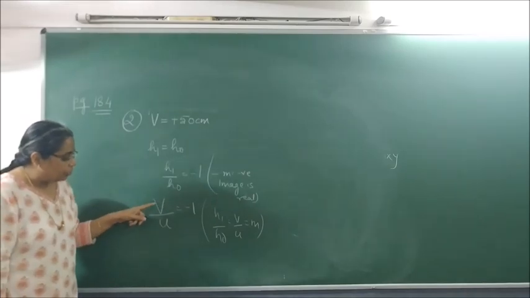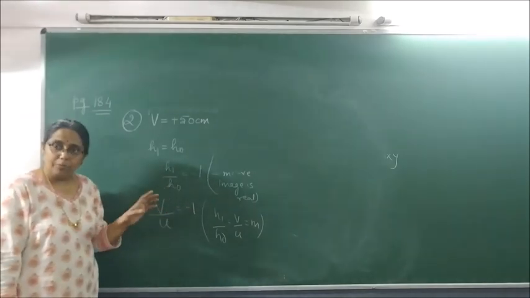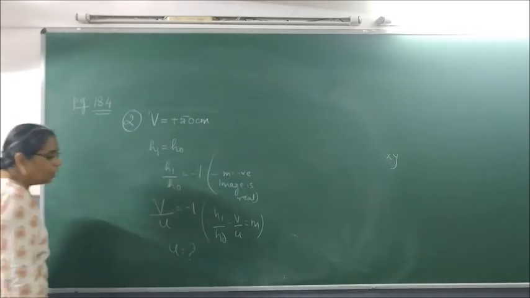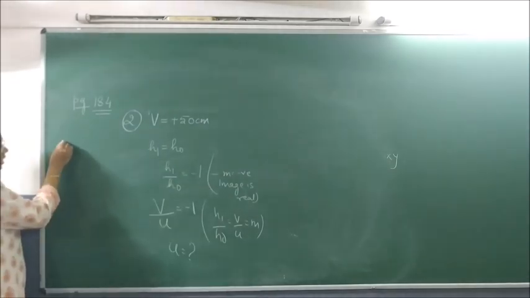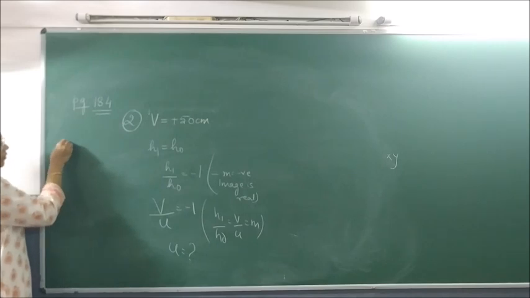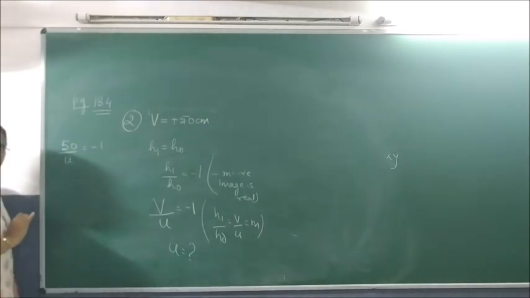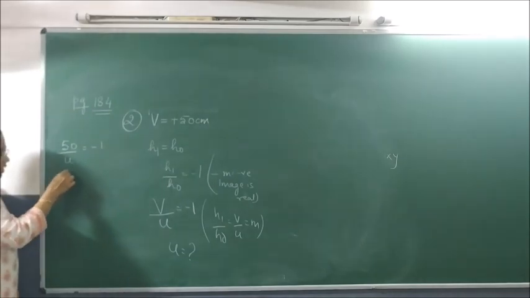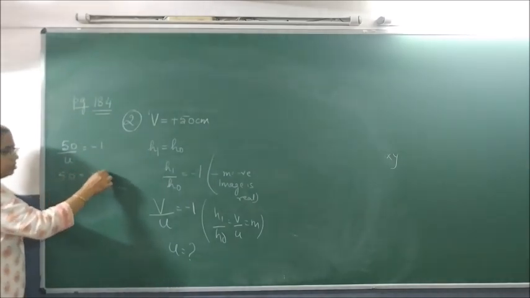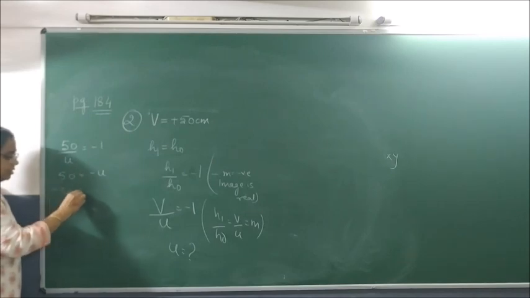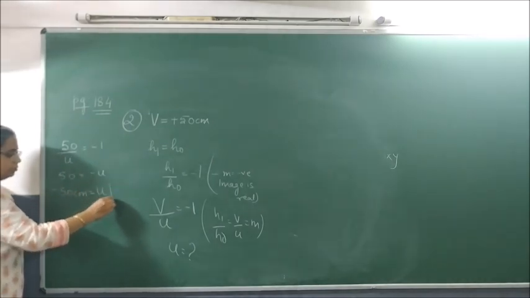I can substitute v/u is equal to minus 1. What I have to find out is u. Given v is 50, 50/u is equal to minus 1. So 50 is equal to minus u, so minus 50 centimeter is equal to u.